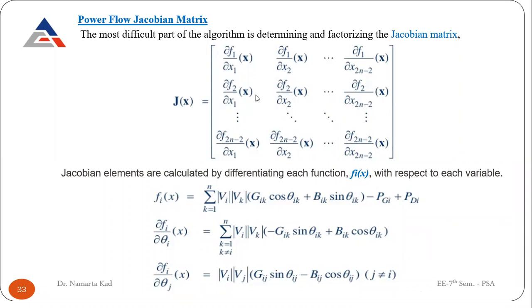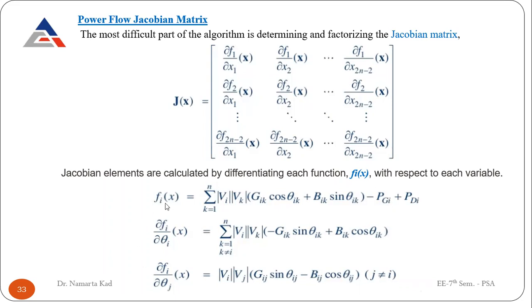Similarly, for the second row, you differentiate the second function with respect to x1 first, then with respect to x2, and so on, and similarly for the nth element, with x1, then x2, up to the 2n minus 2 element. Jacobian elements are calculated by differentiating each function with respect to each variable.